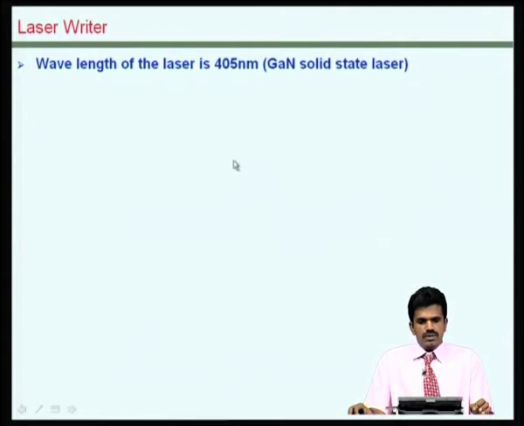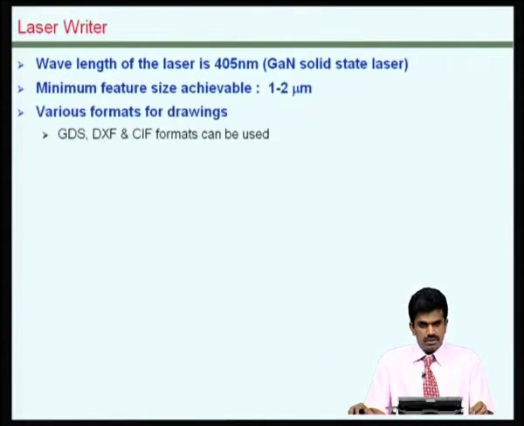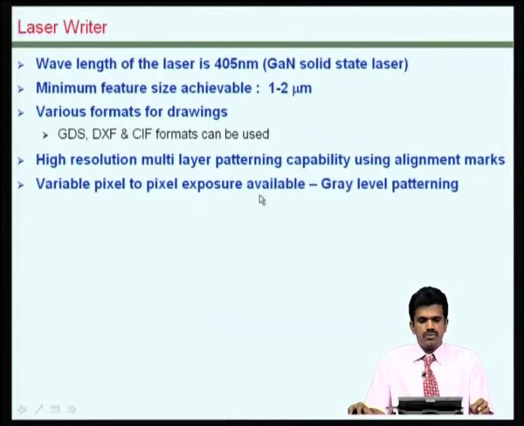One of the laser writers is based on a solid state laser source at 405 nanometer wavelength, which can have feature sizes as low as 1 to 2 micrometer, and it can typically take various forms of drawing files, and has extended capability in terms of multiple layers and gray level.